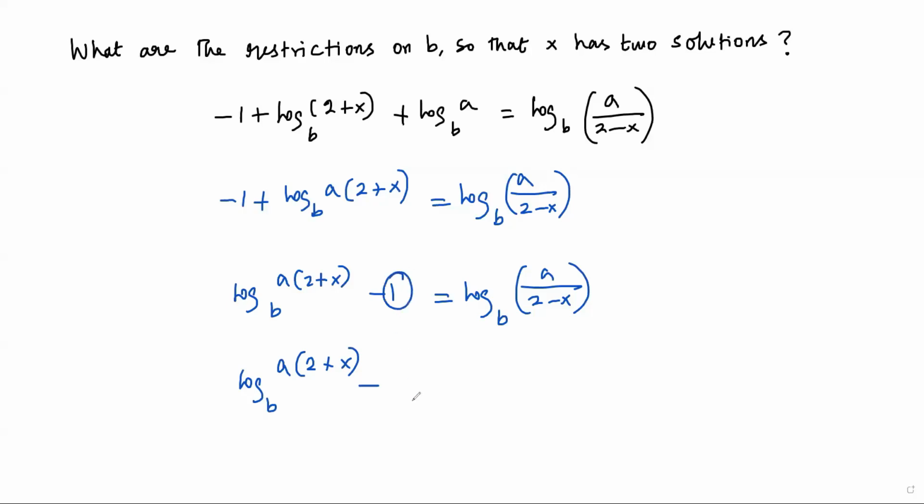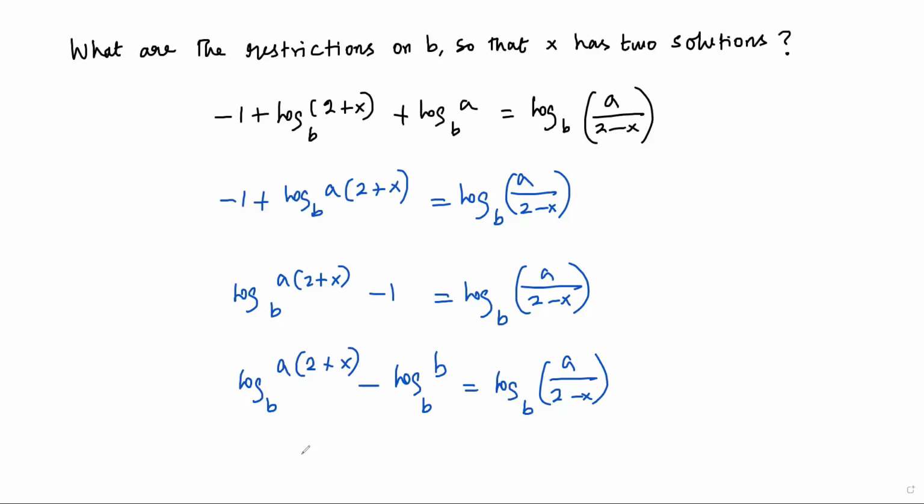So I can write this 1 as log b to the base b, because in any logarithm, if the argument and base are the same, the value of such a logarithm is 1. So instead of 1, we can write log b to the base b. Now these two logarithms are in subtraction, so we can use the quotient rule.